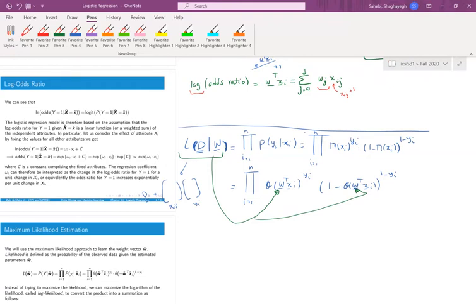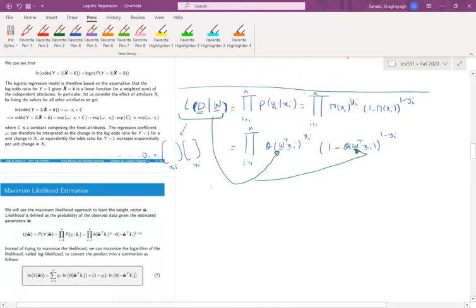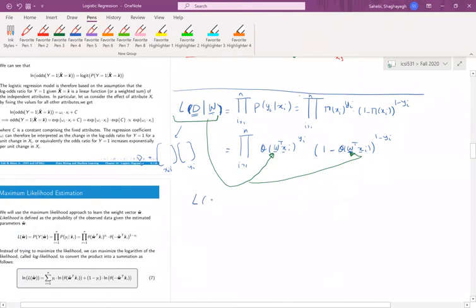So basically, it's as if we are saying that this is given. If I want to rewrite this whole thing, I can write it like this. I can say the likelihood of D given W is going to be equal to the probabilities of all the Yi's that I'm seeing given Xi's and W's.